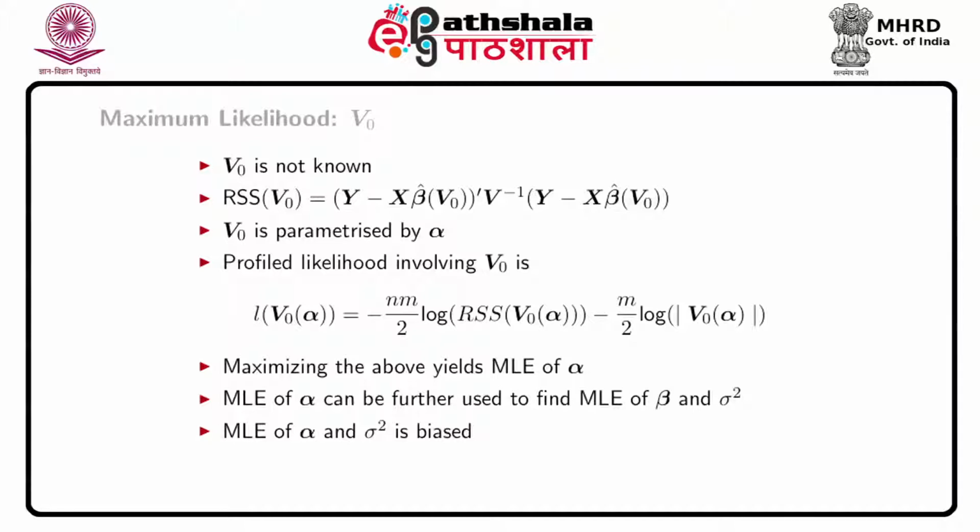And even more than that, there is another issue, and the issue is that the MLE of the variance components, or the maximum likelihood, is biased. So this motivates us to use something called the restricted likelihood, a restricted maximum likelihood estimator, or the REML estimator, which is what we see.